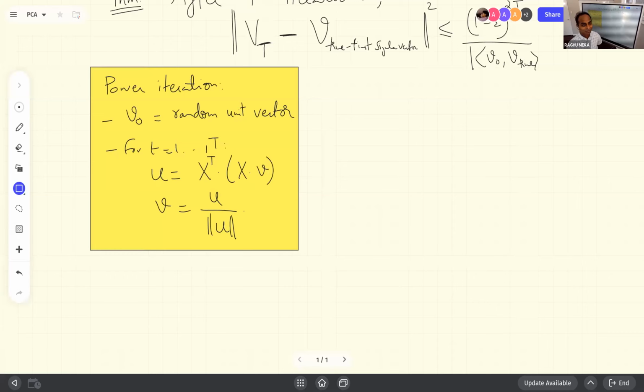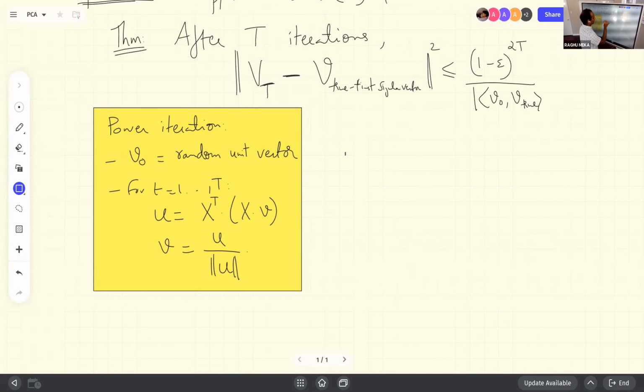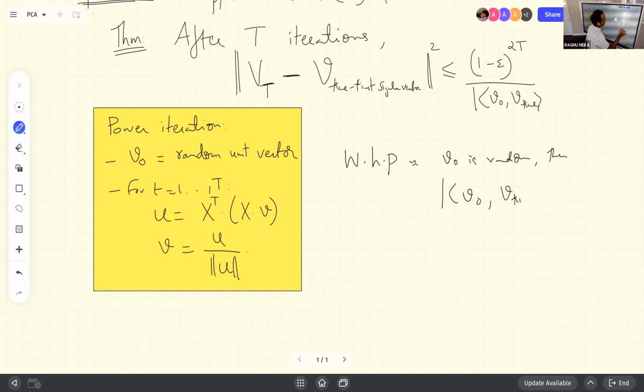Anyway, if it's a random unit vector, then it's unlikely that you'll be perfectly perpendicular to some fixed vector. And you can show that with high probability, if V0 is random, then this inner product with V true is about 1 over square root t.